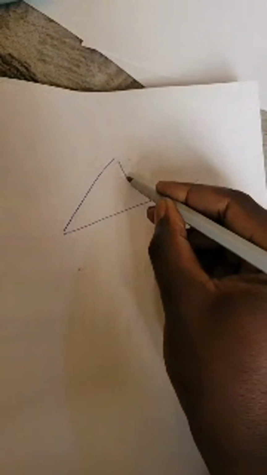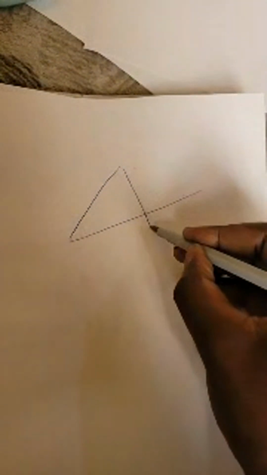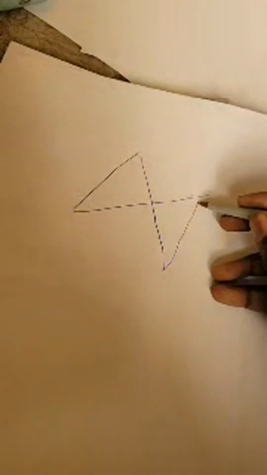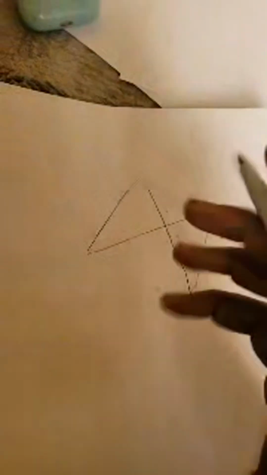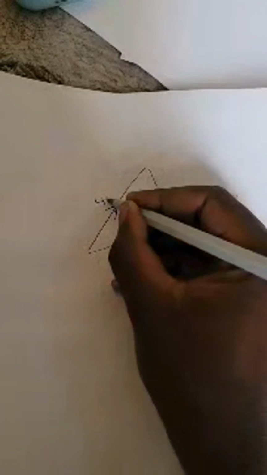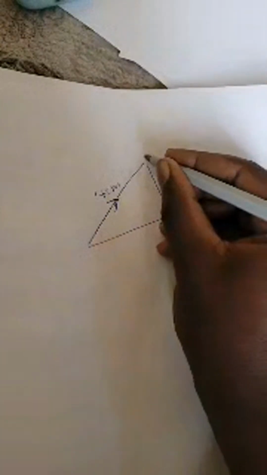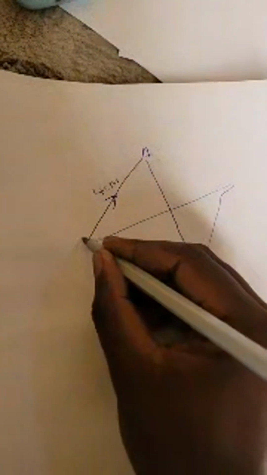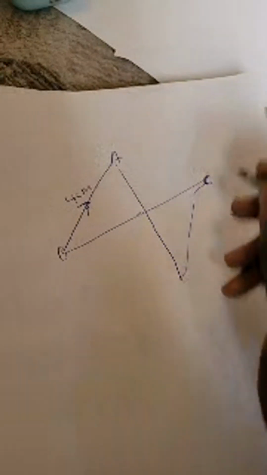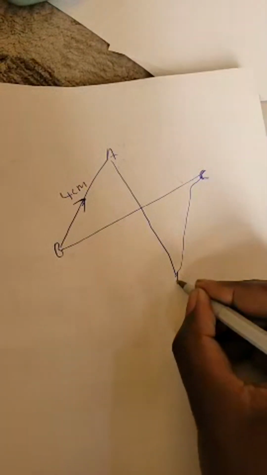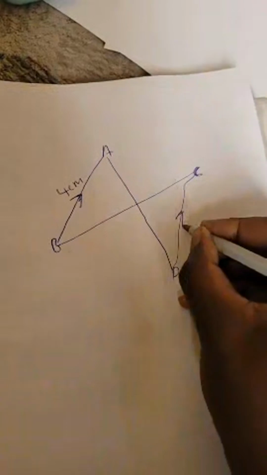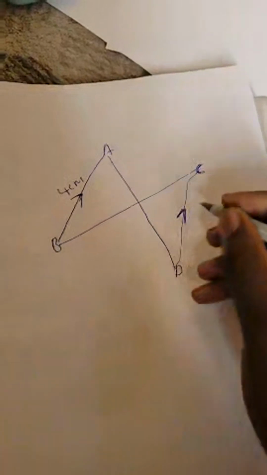Okay, so it's like this diagram. Then there is 4 centimeters, there is A here, there is B, there is C right here, there is D, and we're also given that these two lines here are parallel to each other.